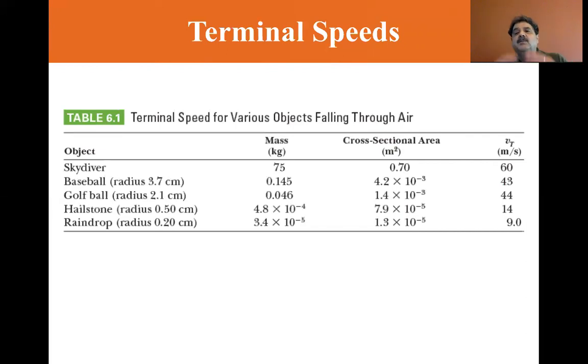Why? Because he's got a smaller cross-sectional area. So a skydiver 60, baseball 43, golf ball 44, a hailstone about 14 meters per second, and a raindrop about 9 meters per second. Okay. Just the table of terminal speeds.